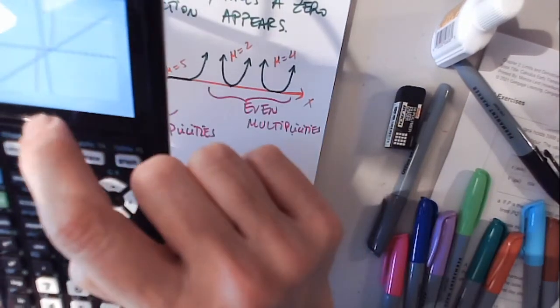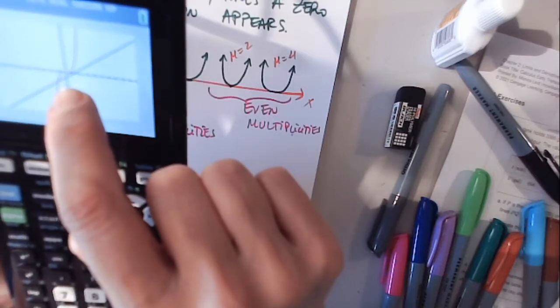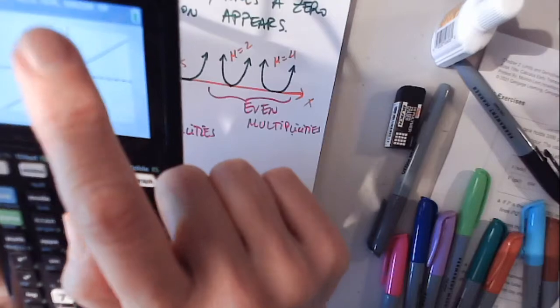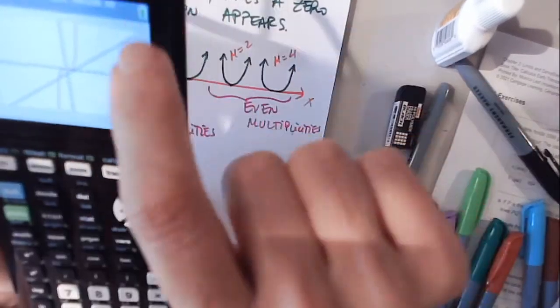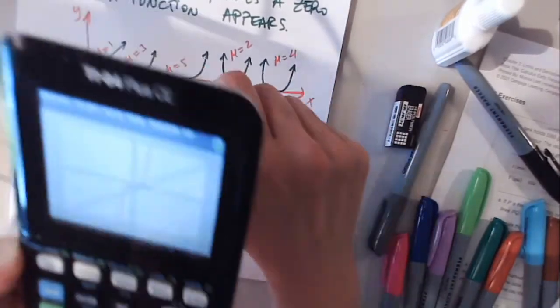As you see, the red graph takes its time. The blue graph is crossing very fast. But the red graph, it takes its time. It's not crossing at 0. Why? Because it has 3 zeros at 0. It's like this.